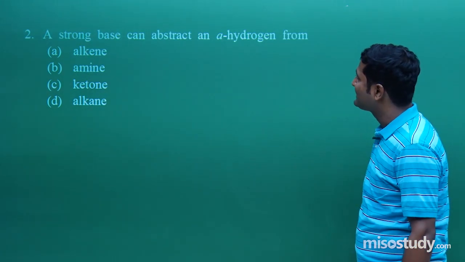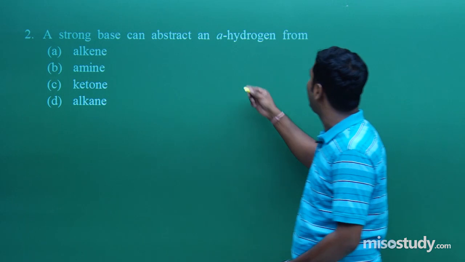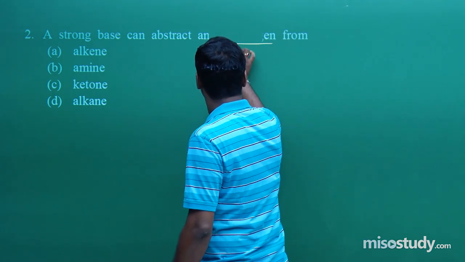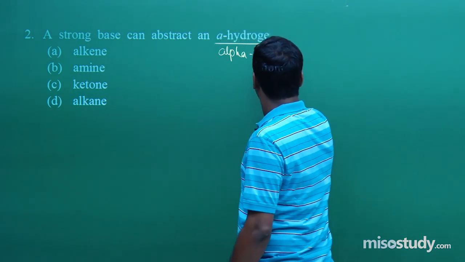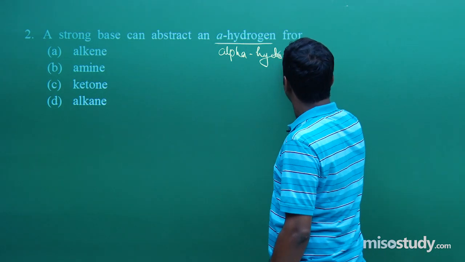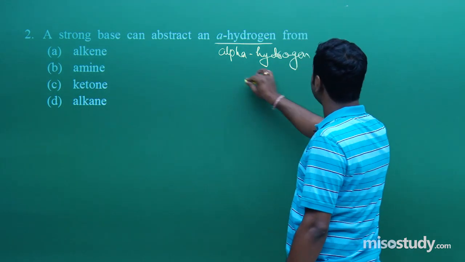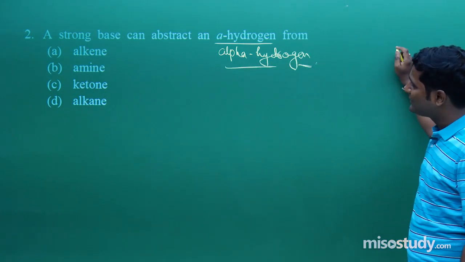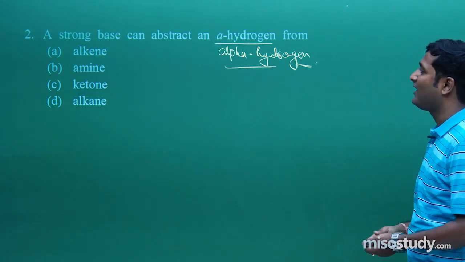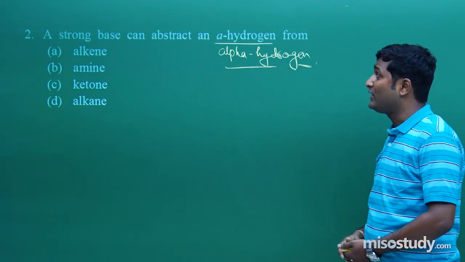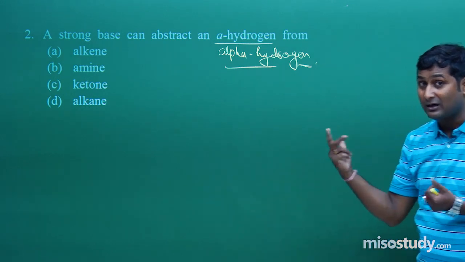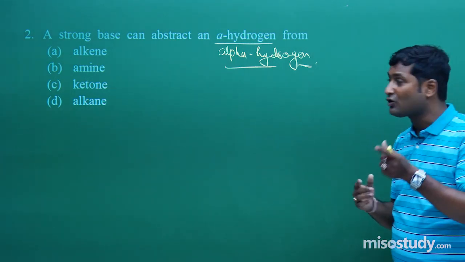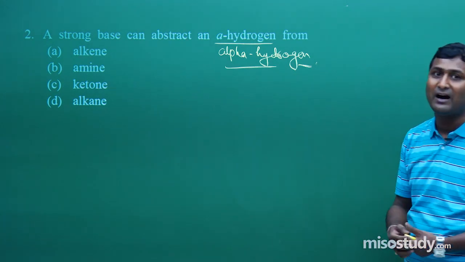A strong base can abstract an alpha hydrogen. This is the alpha hydrogen. Clear to you? What is given here? A strong base can abstract an alpha hydrogen.